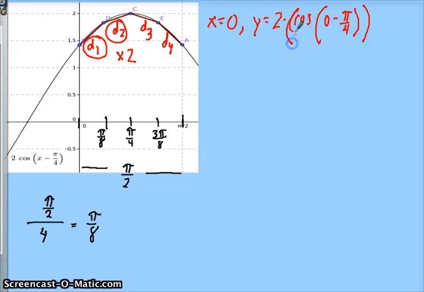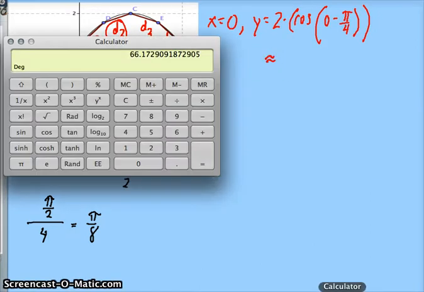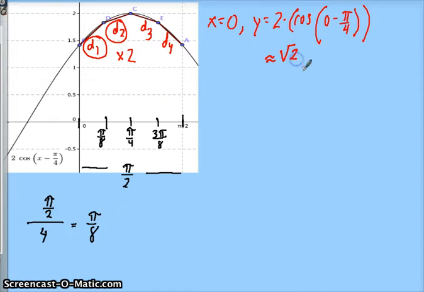Remember to be in radians, all right? Very important. So, again, we're going to use our calculator. 0 minus pi over 4, and you can see that I am in degree mode. All right, let's change that. All right, 0 minus pi divided by 4. I'm going to take the cosine of that, and I'm going to multiply it by 2. And in your calculator, you're going to realize that's the square root of 2.